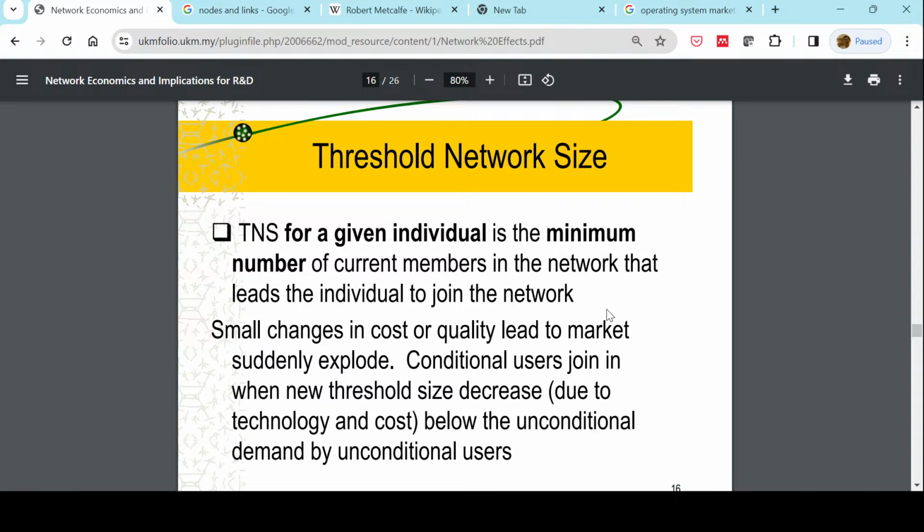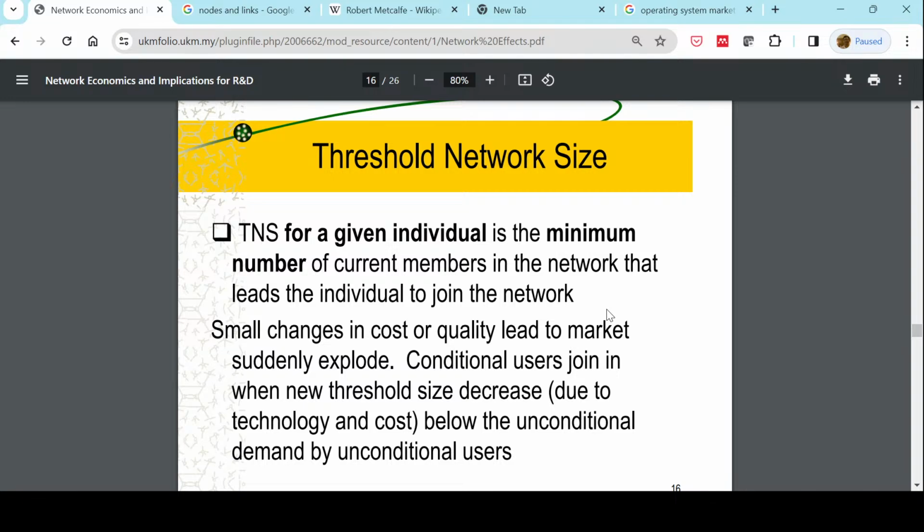So small changes in cost or quality lead to the market suddenly exploding. That's the characteristic of network effects. Conditional users join in when the threshold size decreases.